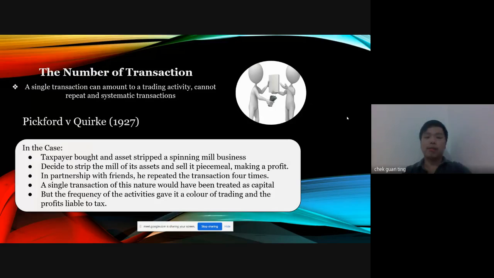So he and his partner tried to sell it and repeat selling, doing this about four times. A single transaction of this nature would have been treated as capital, but the frequency of the activity gave it the colour of trading and the profit is liable to tax. So in this case, he is liable to pay income tax.